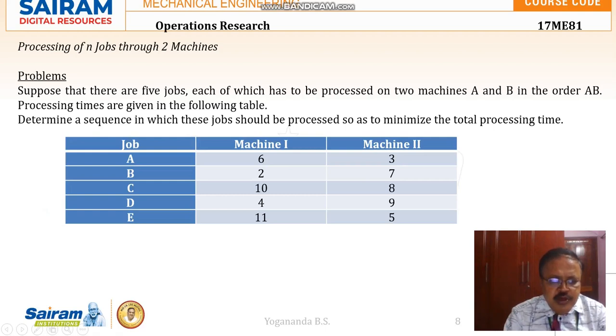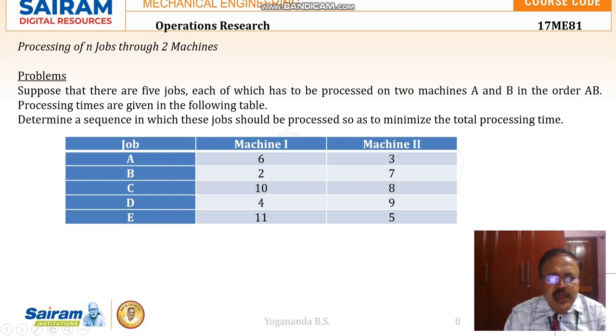Suppose there are 5 jobs here, A, B, C, D and E, to be processed on these two machines 1 and 2. So the machine A or machine B will be named as machine 1 and 2. Whatever job is taken, whether you take D first or A first or E first, it has to get processed on machine 1 and then on machine 2.